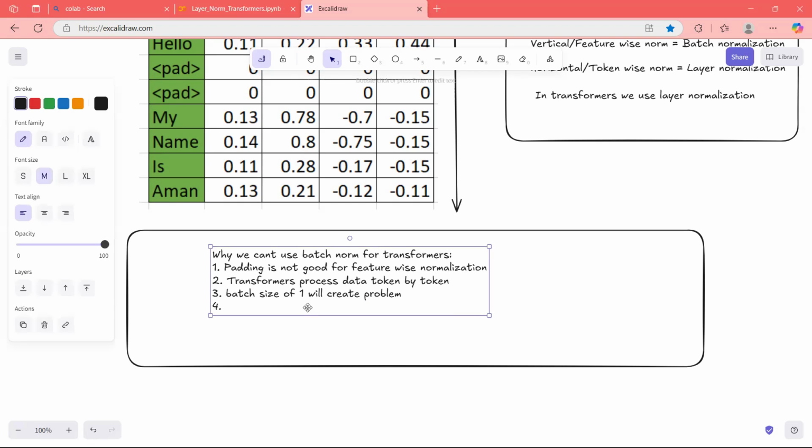And in a deep neural network such as a transformer, batch normalization will bring instability.